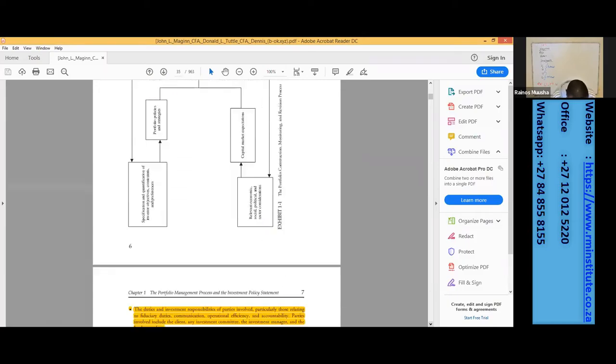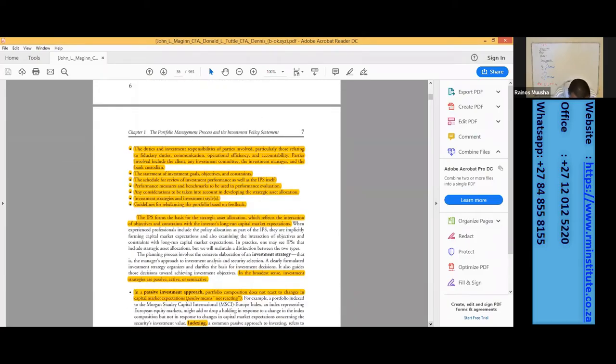Then it also includes the duties and investment responsibilities of the parties involved, particularly those relating to fiduciary duties, communication, operational efficiency, and accountability. The parties involved include the client, any investment committee, the investment manager, and the bank custodian.